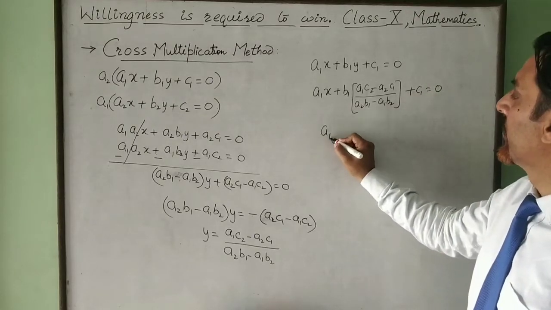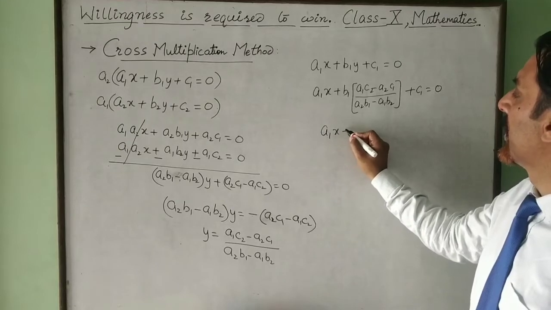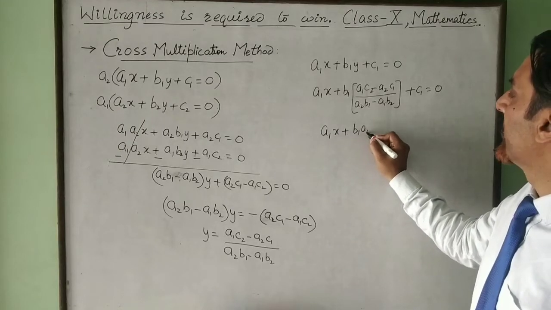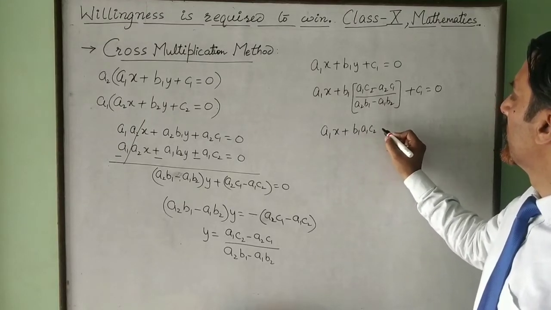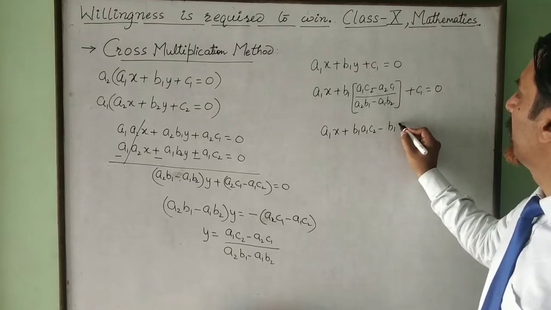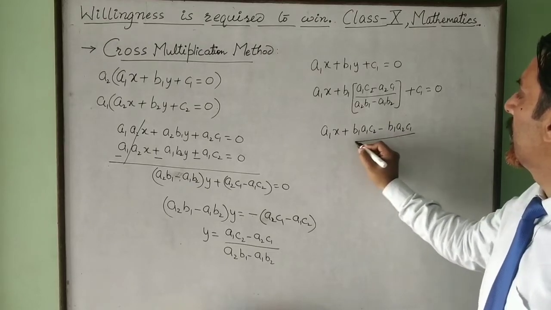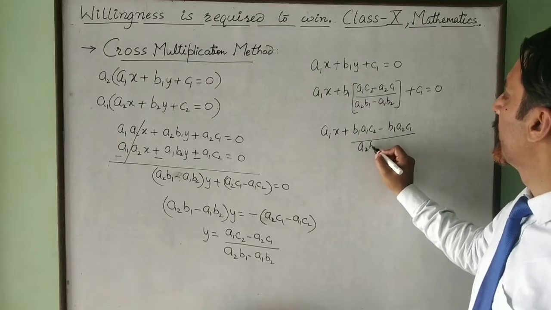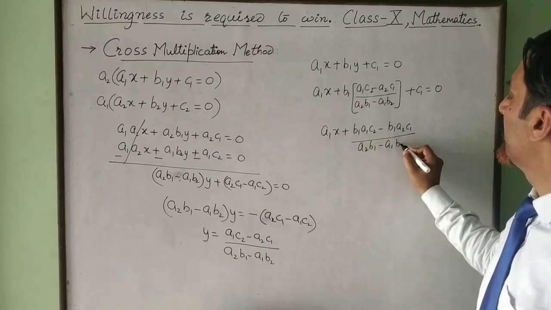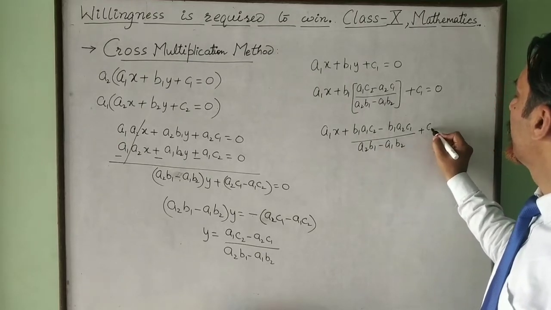So a1x plus b1 (a1 c2) minus b1 (a2 c1) upon a2 b1 minus a1 b2 plus c1 is equal to 0.